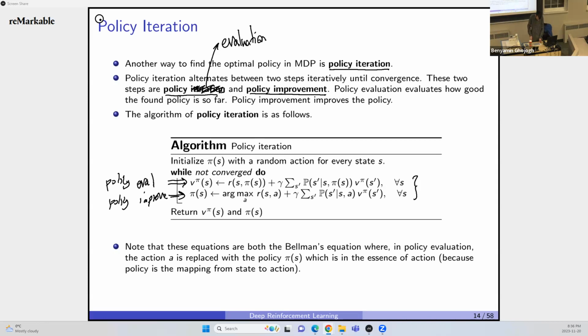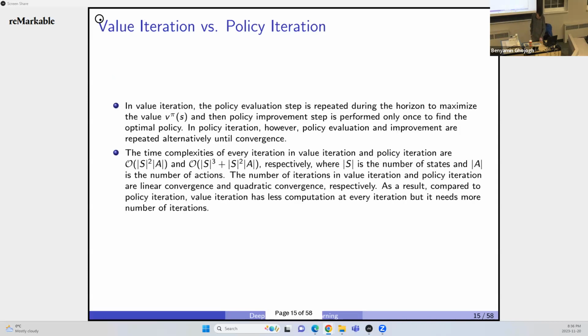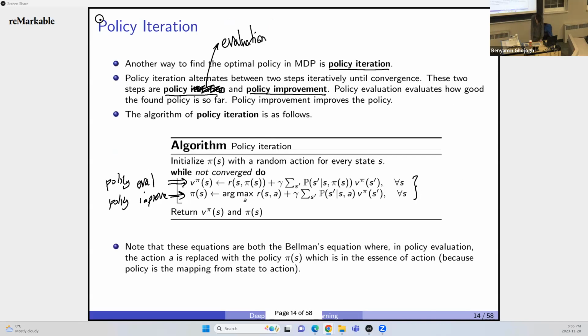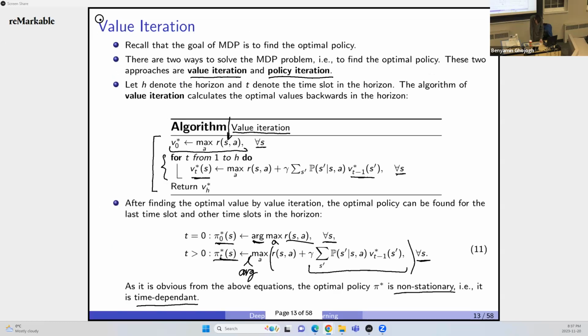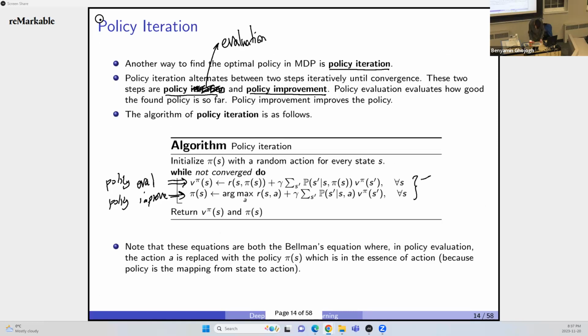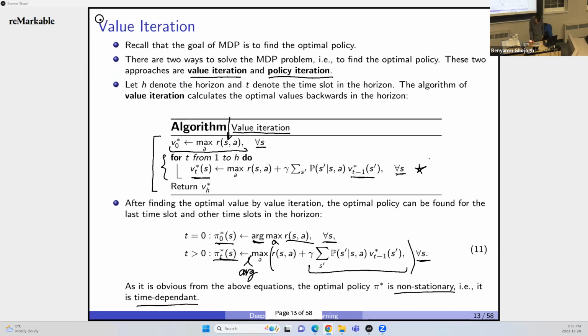Okay. Now let's compare value iteration and policy iteration. Do you see this? Compare this line in value iteration and this line in policy iteration. They're all more or less the same. Bellman equation for value, right? In other words, value iteration has iteration over values until convergence, and then once it calculates the policy.